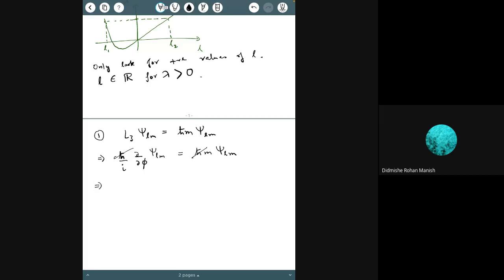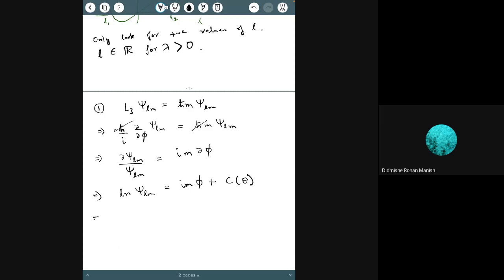I have then del psi Lm by psi Lm equal to I m del phi. Okay. I can integrate this to give me ln psi lm equal to im phi plus some function of theta, because remember psi is a function of both theta and phi.